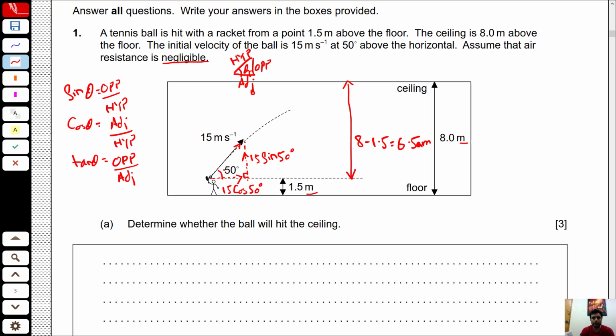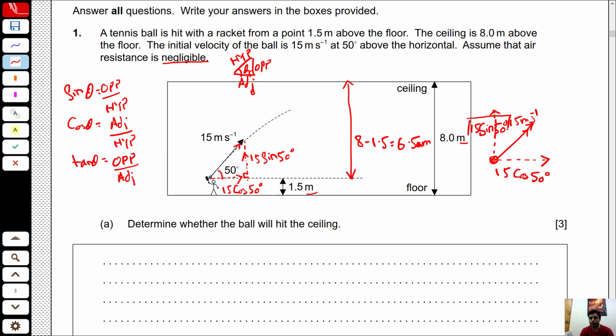Let me elaborate on this more. You have a ball here, and this ball has a resultant velocity of 15 meter per second. This resultant velocity can be resolved into two components, the vertical component and the horizontal component. The horizontal component that we just calculated is 15 cos of 50 degrees, and the vertical component is 15 sine of 50 degrees.